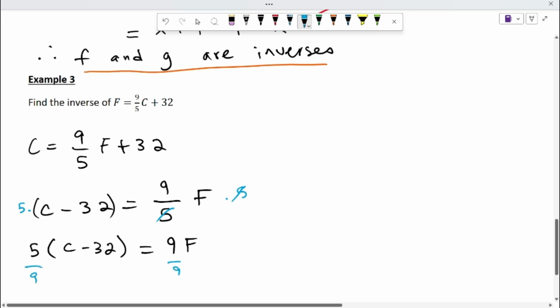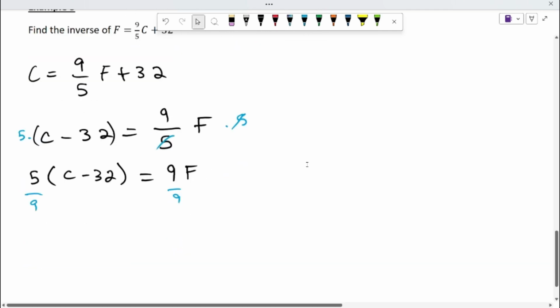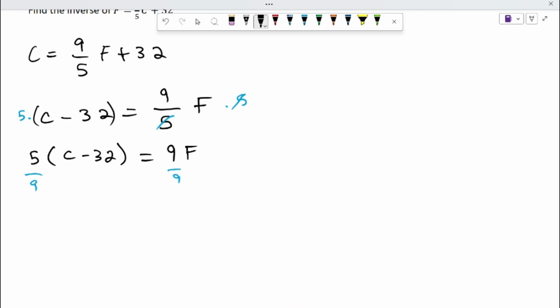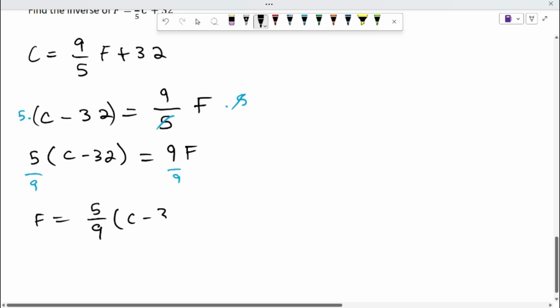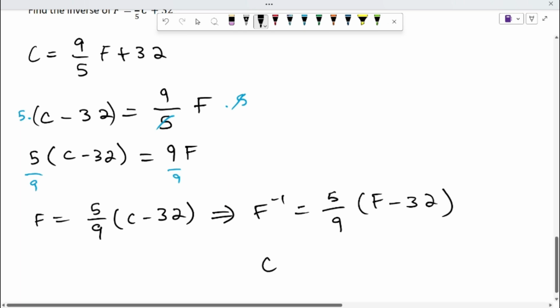So one of our last answers here is f equals 5 over 9 (c minus 32). But this f is f inverse, and we do have to switch back. So this implies that c equals 5 over 9 (f minus 32).